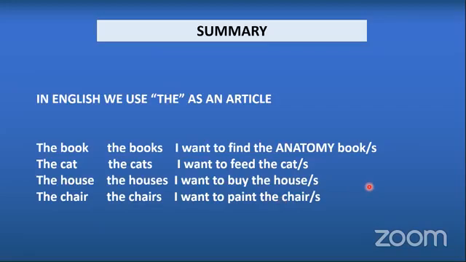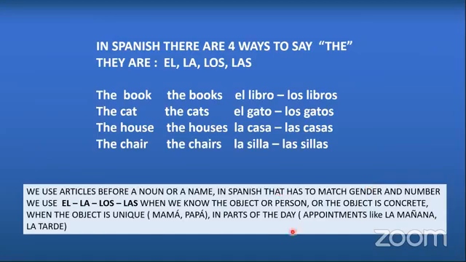I know exactly which one. That's why we use el libro, el gato, la casa, la silla when we know the object or the person. In the previous sentences, I know the book, I know which cat, I know which house, which chair.